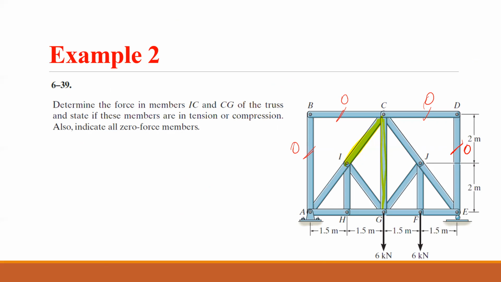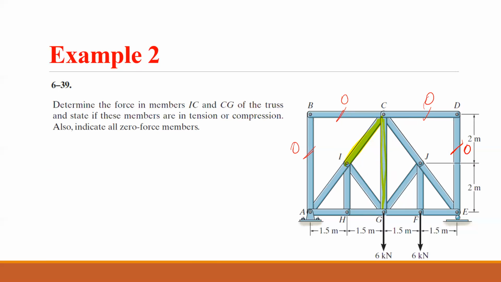First of all, if we want to solve this problem, we need to find the reaction. But let's see which cut is a good cut, and then from there we can think about how we can solve the problem. Actually, it's very hard to find a cut that cuts both of them, because any cut we assume here involves more than 3 members.